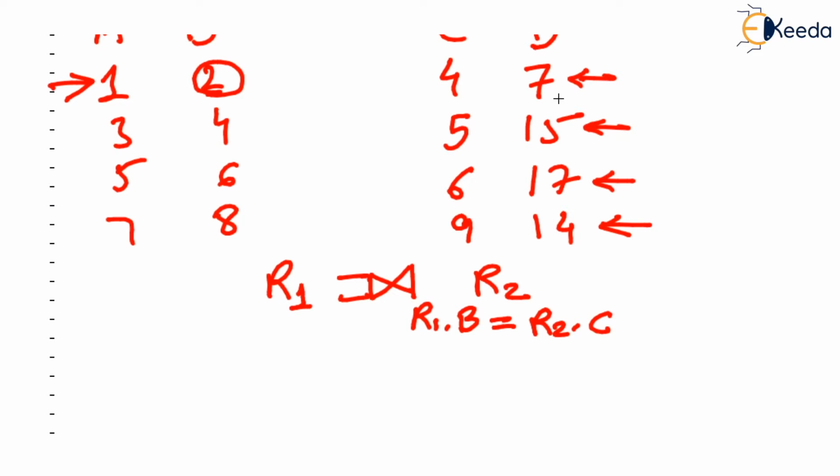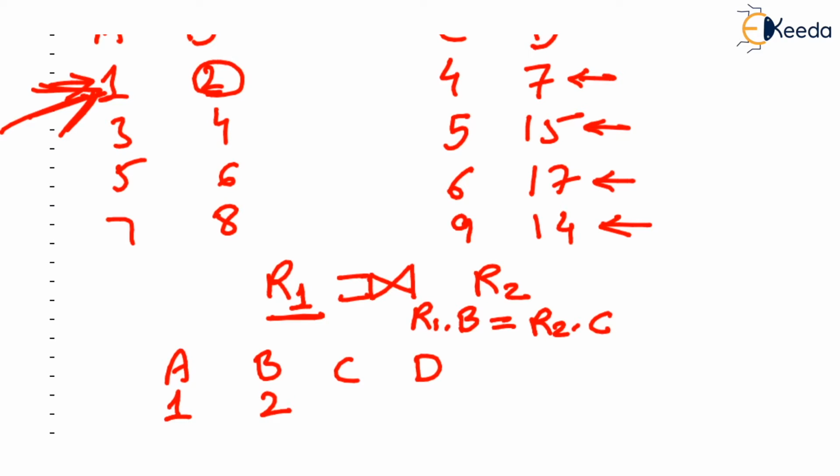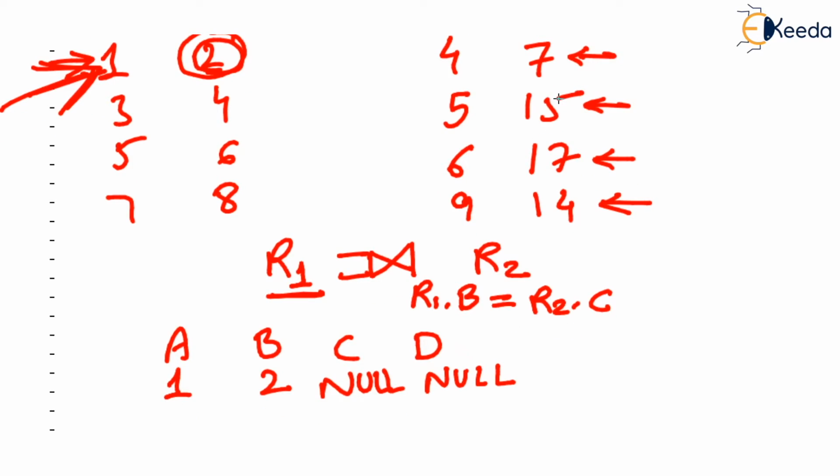In left outer join, remember the left hand side table is R1, I'm talking from R1's perspective, this 1, 2 will still be listed. But this B, that is 2, did not find any match under C. So all these values under R2 will be shown as null. What's so important to understand here is that every row of R1 will be shown, whether a match is found or not. I hope you are understanding.